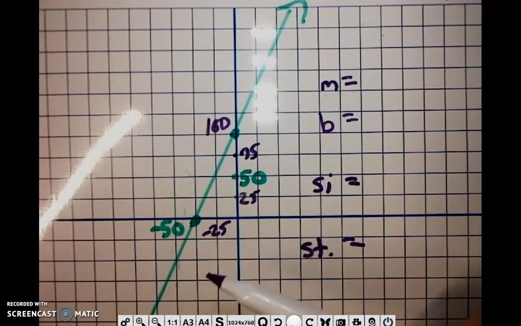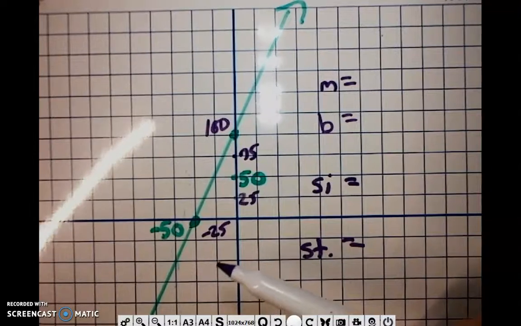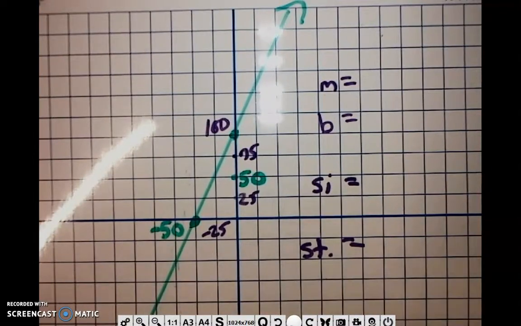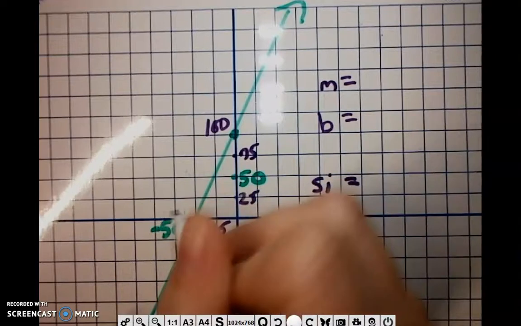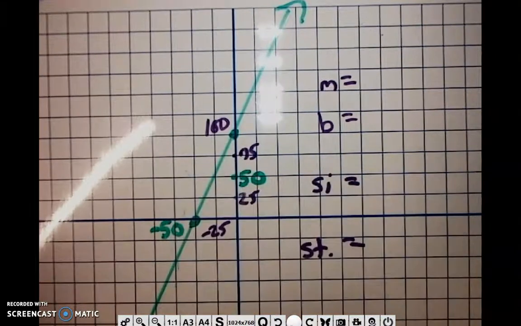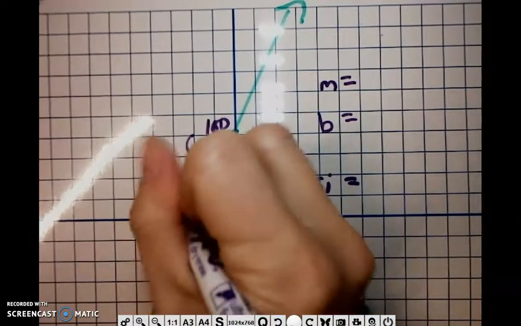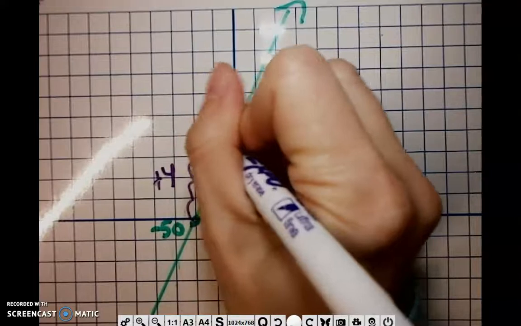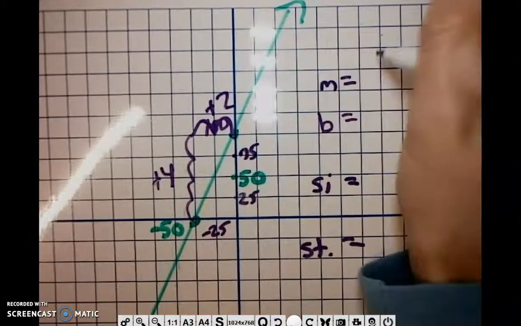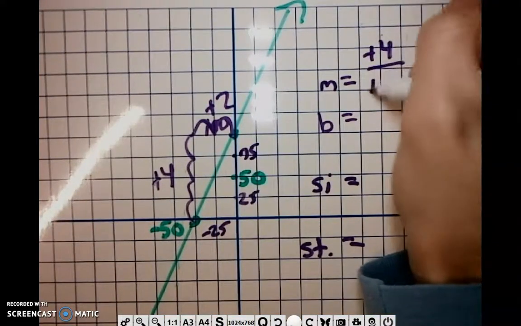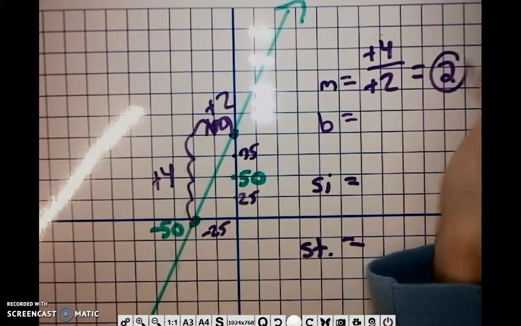Because I have a scale of 25 for both x and y, I can keep this simple. So to find my slope, to go from this point to this point here, I go up how many? 1, 2, 3, 4. So that's plus 4 over 1, 2, forward 2. So positive 4 rise over run positive 2 gives me a slope of 2.